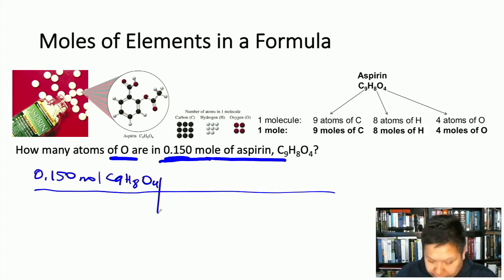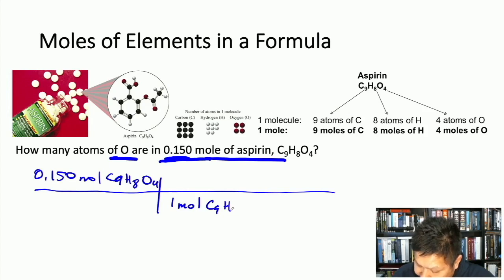Well, how did we do it in the last example? We can say that for every 1 mole of aspirin, remember we want to go away from aspirin, which is C9H8O4, and go to oxygen.